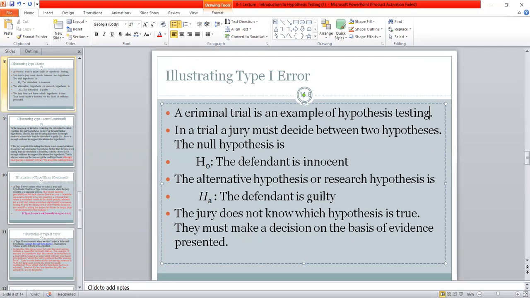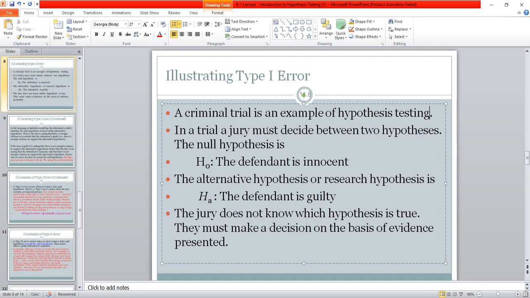Essentially, that is the role of the prosecution, the role of the advocates. They generate data to be able to test the null. Then suppose that after they presented their data or arguments, the judge makes type 1 error.